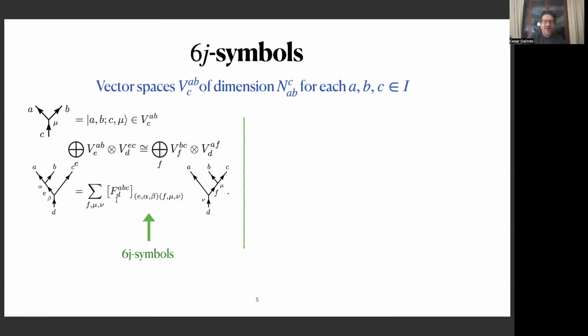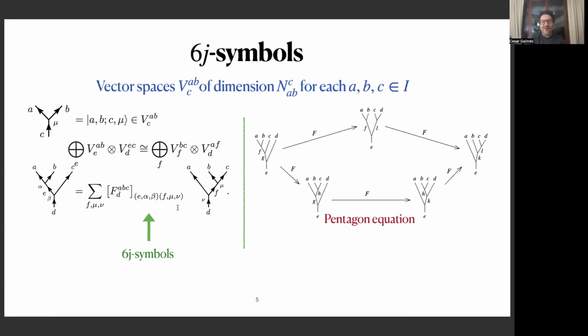And then we have a lot of labels. In particular, we have 6 labels, and this is the reason why it's called 6J symbols. But the point is that at this moment I haven't said anything in particular about this isomorphism, because I haven't imposed any condition on those matrices or linear isomorphisms.